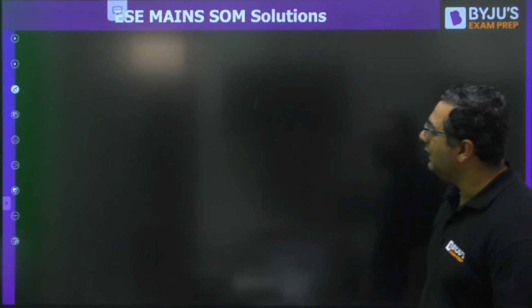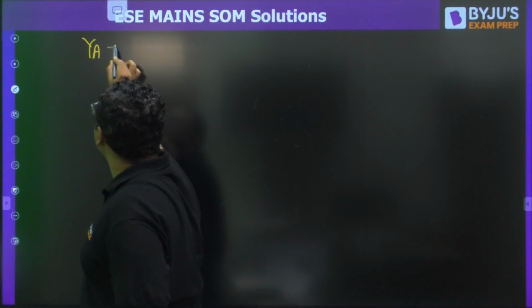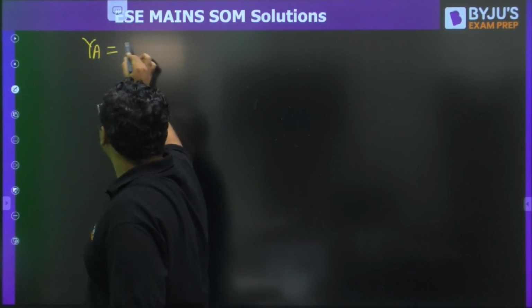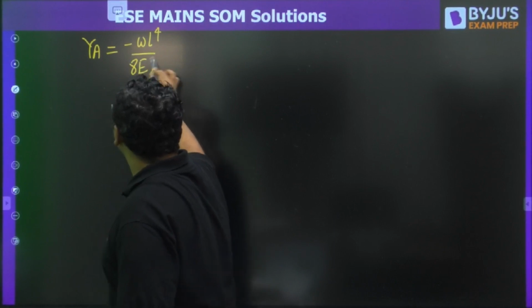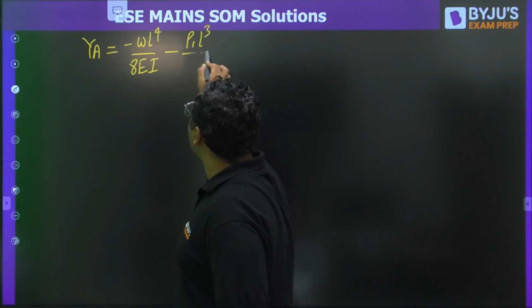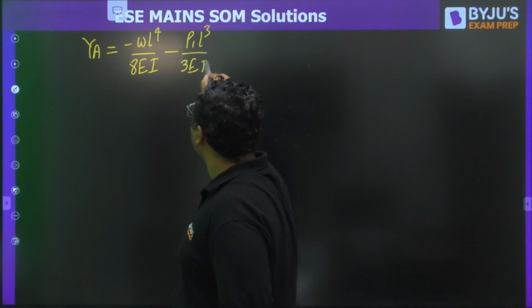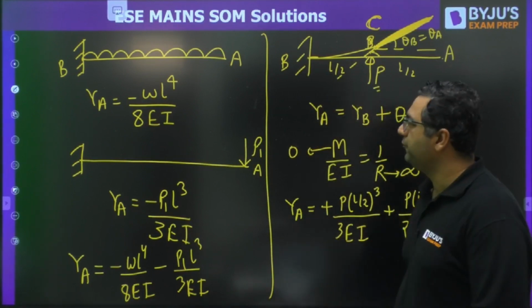So if you add all of them, the deflection at A is minus WL^4 upon 8EI minus P1 L cube upon 3EI. Everybody knows why we are keeping it P1? Because the given load is P.